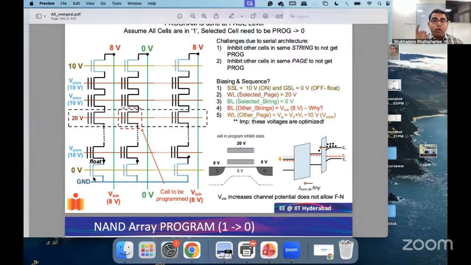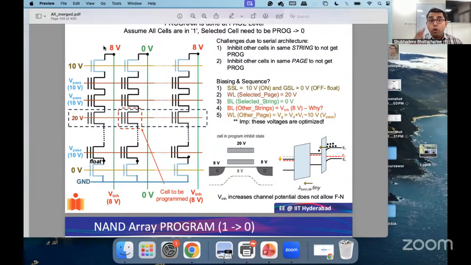So the first thing you intelligently do is make sure that the source select line is turned on by applying 10 volts. So the source select line is turned on and the ground select line is turned off. This is a very smart decision that you take.